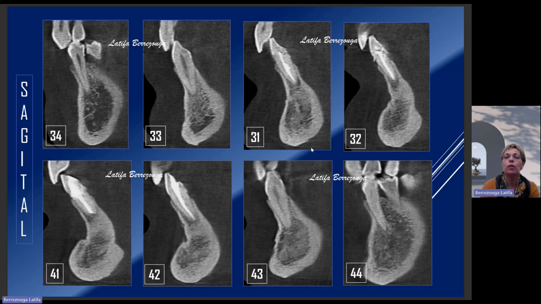So we have to consider any type of trauma and prevent this trauma or treat this trauma or follow patients for pulp necrosis, because maybe the lesion will develop asymptomatically. That's why we have to make a clinical checkup and radiography.